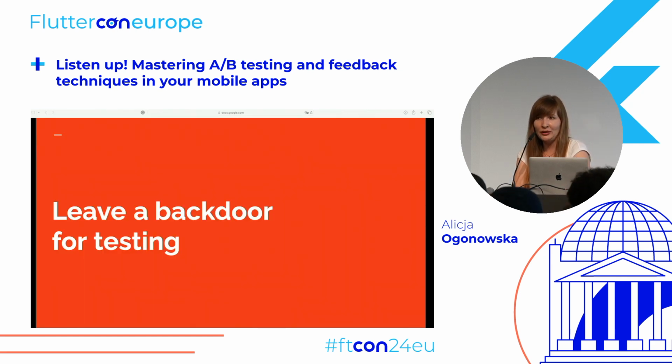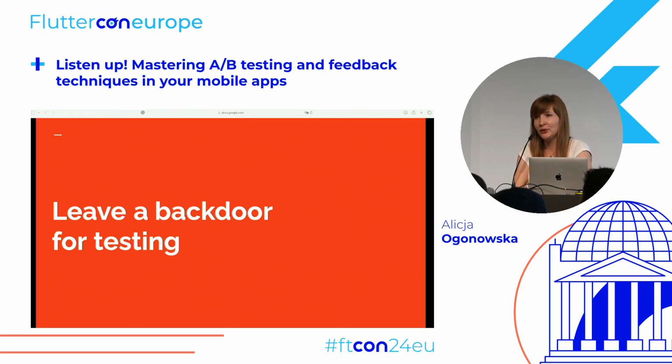And also leave a backdoor for testing, because as I mentioned, Firebase has this option to set up the test variant based on the device ID. But okay, it's fine for developers to get the ID for console logs, but for managers, not so good idea. Also reinstalling the app until you get the right variant, also not a good one.